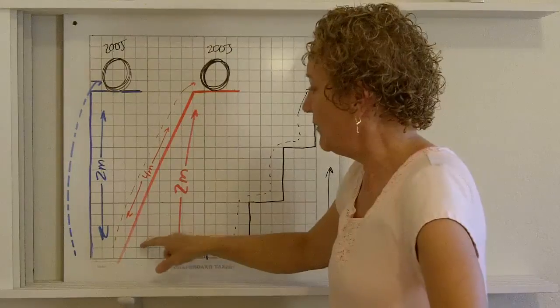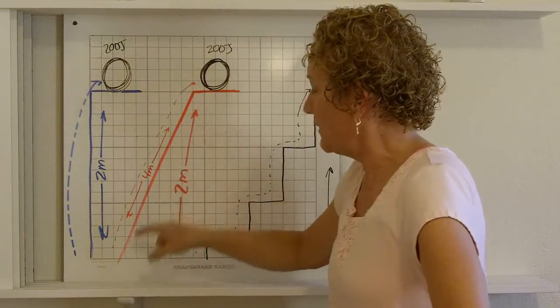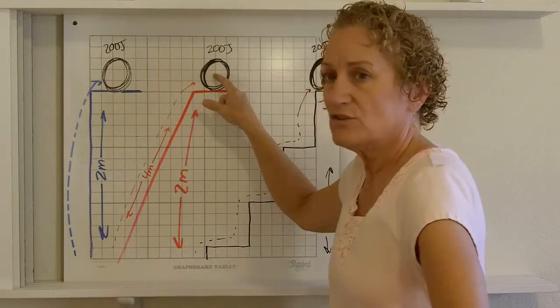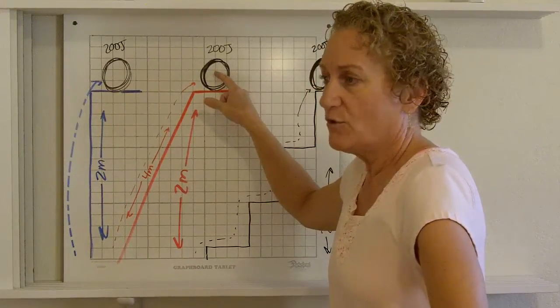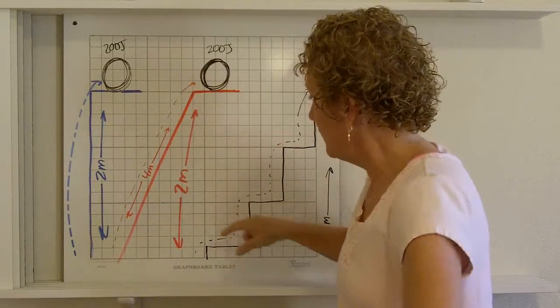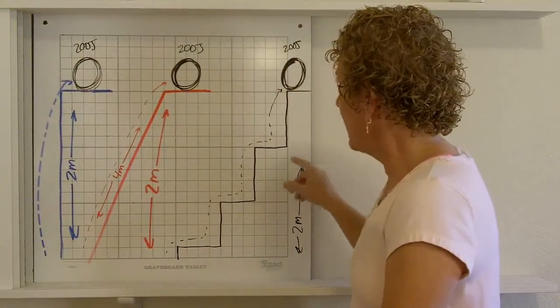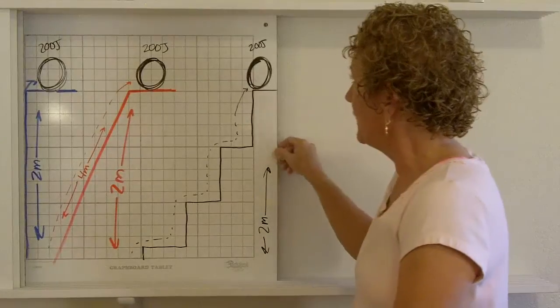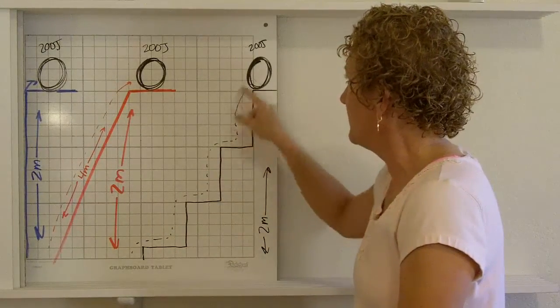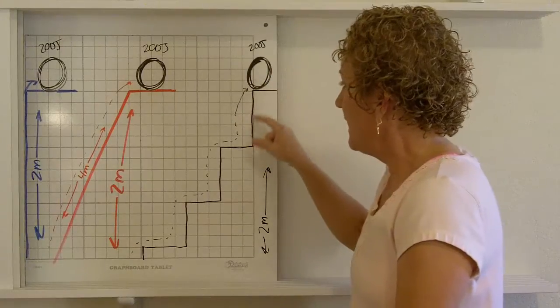In the red sample, we rolled it up a ramp. Now the ramp is 4 meters long, but it still only has 200 joules of energy or work in it because the distance is still 2 meters. And in our third case, we took a stair step and we went up one stair, up the next stair, up the next stair, up to the top.